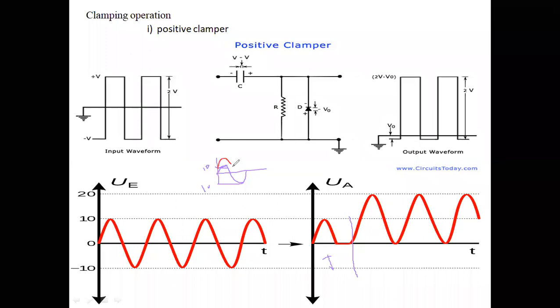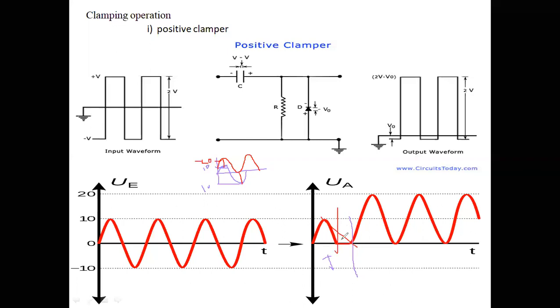Exactly at the peak minus Vm, it goes to 0. Exactly at plus Vm, it reaches 20 volts. This portion is nothing but a transient portion.